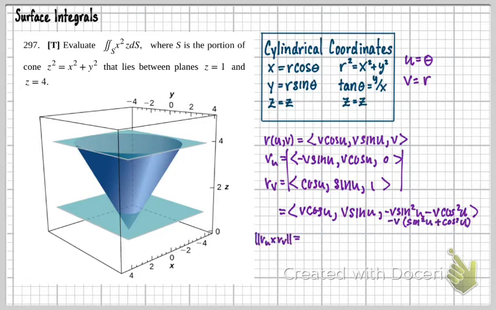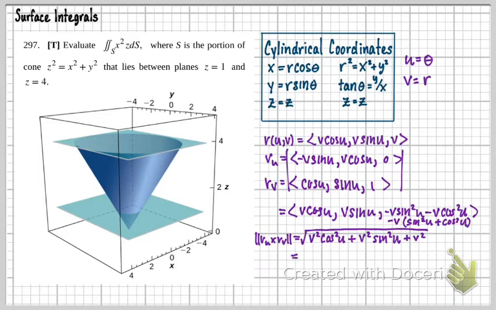Before I write it all out, I just want to let you know that I can pull a v out of those two, and that's going to actually just be negative v. So I'm going to square that too when I do the magnitude. And I can see right here as well that I can pull a v squared out of those two, and that's just going to be a v squared plus v squared.